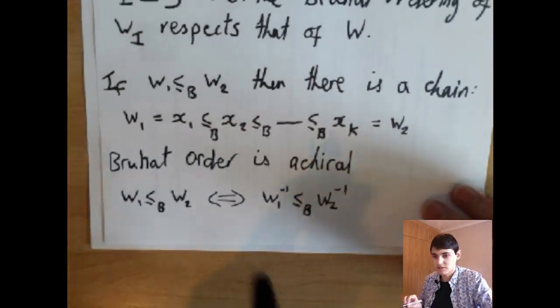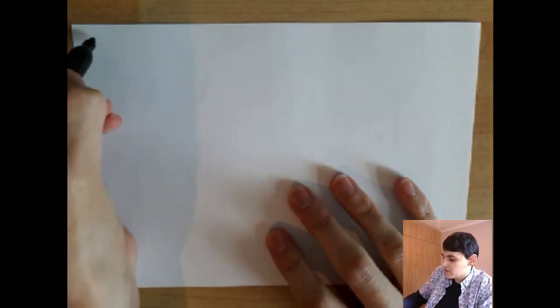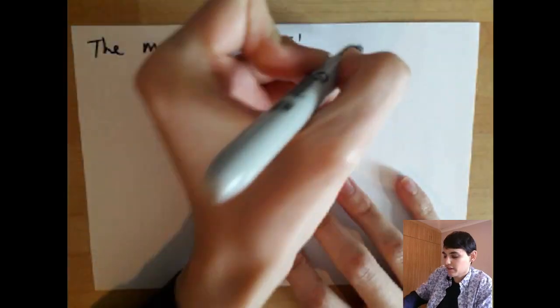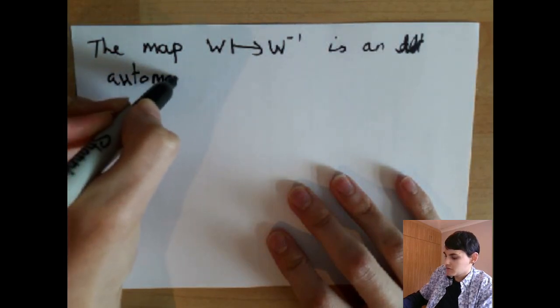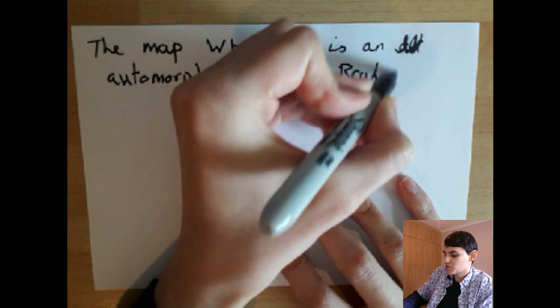The reason is that this proposition, the idea of the inverse not affecting the partial ordering, gives rise to the following: the map W to W inverse is an automorphism of the Bruhat order.